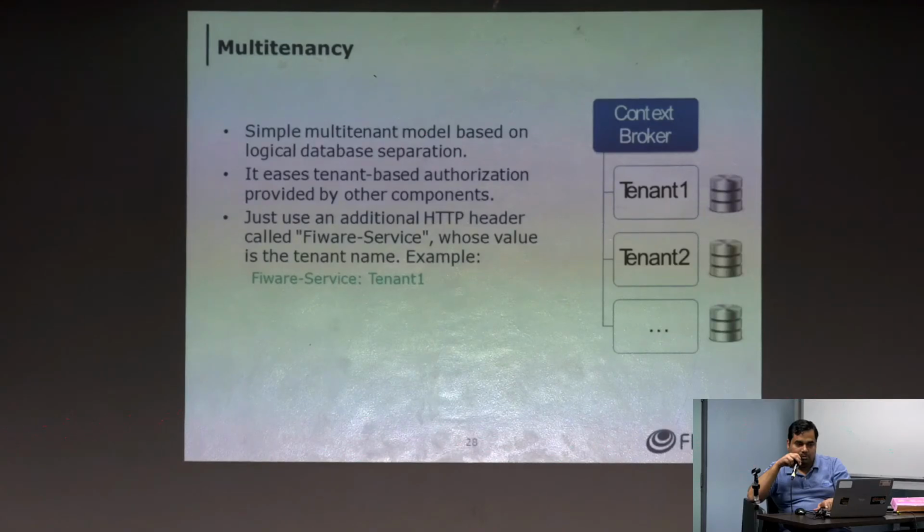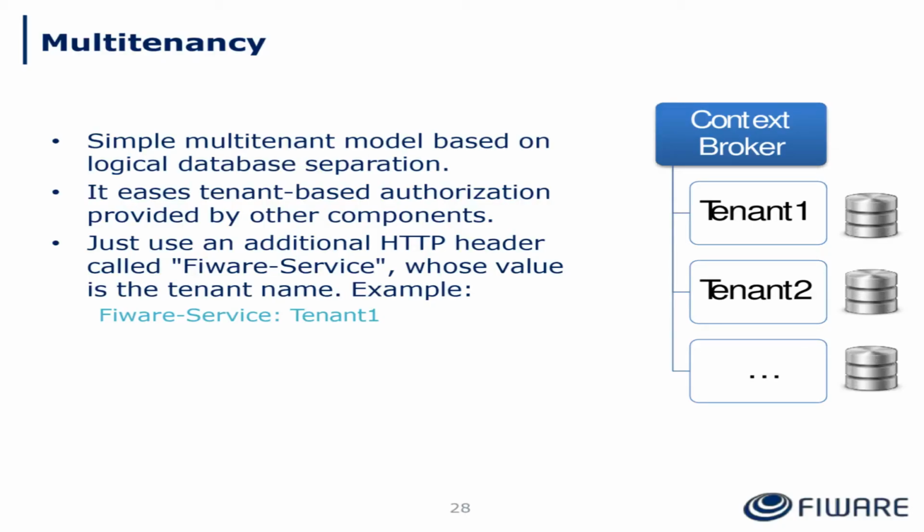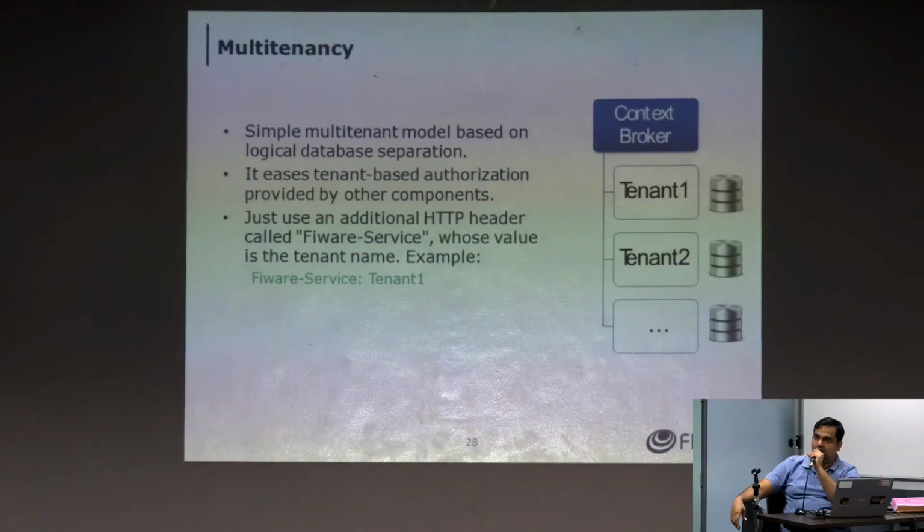Then multi-tenancy. Now we talked about multi-tenancy, I think, in some of the presentations before, which means that if you are 2 companies and there is one infrastructure on the cloud, okay? In the cloud you have multiple companies who have access to the cloud, let's say to AWS.